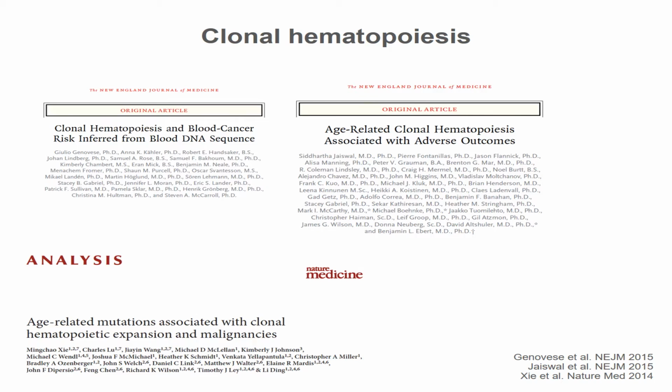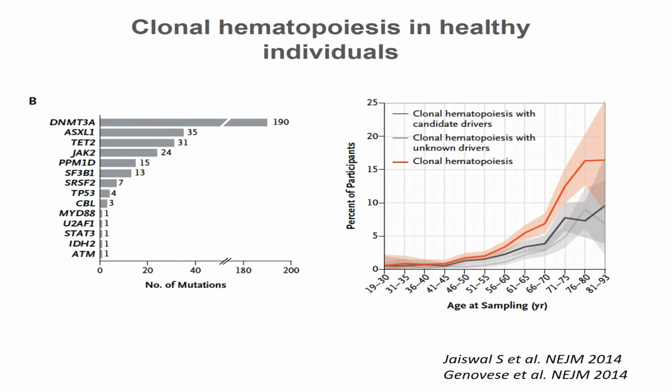So the question is, is the risk for these patients to develop therapy-related myeloid neoplasms just based on their prior chemo and radiation, or are there some inherent features in the patients that may predispose them to this problem? There are now a number of studies that have looked at various polymorphisms and mutations in these patients.